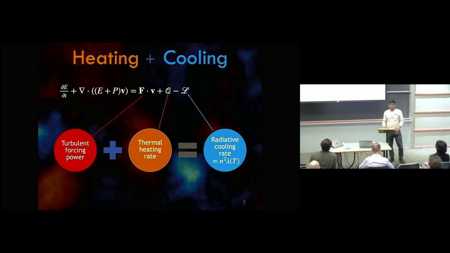So it magically replenishes the energy that is lost due to cooling, in terms of this magic heating term. This is partly also because, in our simulations, if we try to use the velocity measurements for the Perseus cluster to generate our turbulent forcing power and match the velocities, then we were unable to match the radiative cooling in these simulations. So we had to add this extra heating term to prevent a collapse.